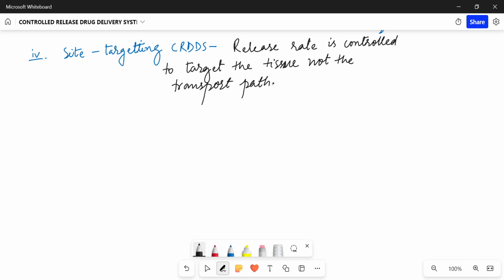Now we will understand it through a diagram.